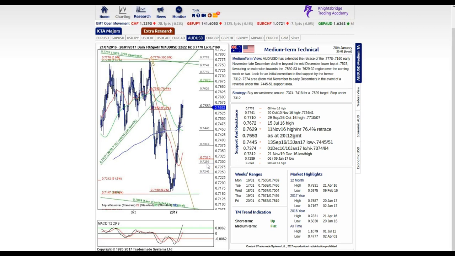Using that gives us around 85 pips of risk, so the reward is around 3 times the risk, which is good, which is what we're looking for before we place a trade. So I'm going to switch to MT4 and put this strategy into an order.